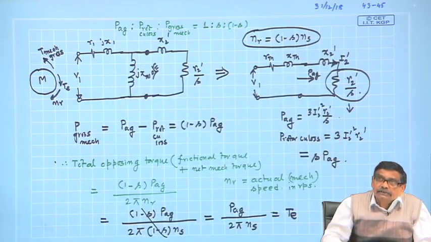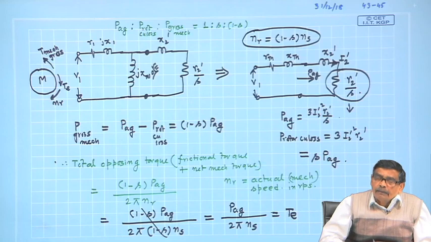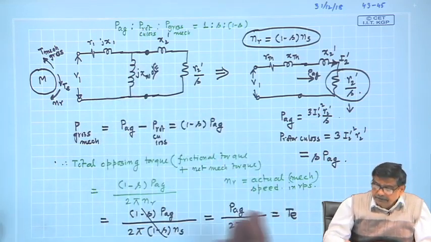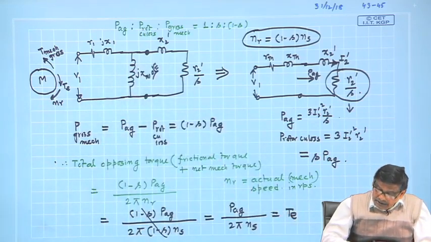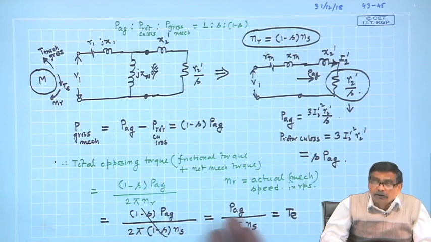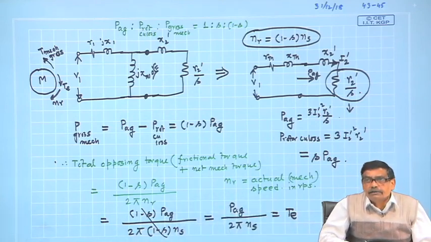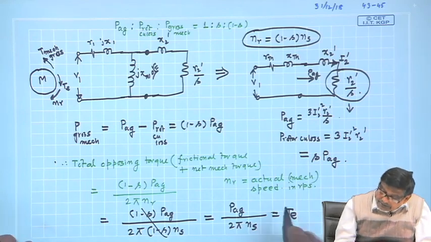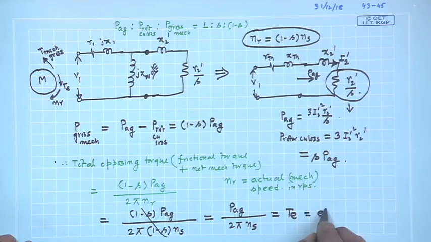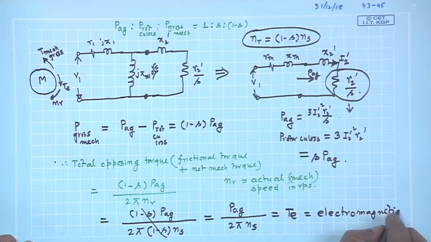That is the idea here, because if these equivalent circuit parameters are known to me, then I will be able to calculate torque simply by using the equivalent circuit parameters. So, this is also equal to the electromagnetic torque developed by the machine at slip S. That is the thing.